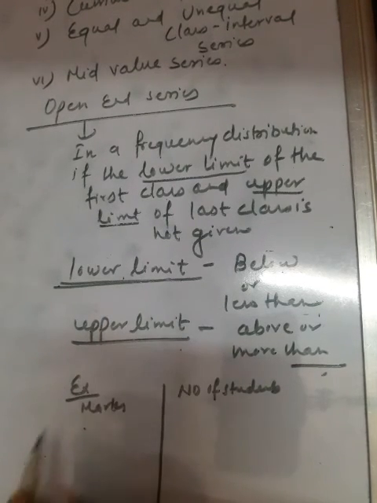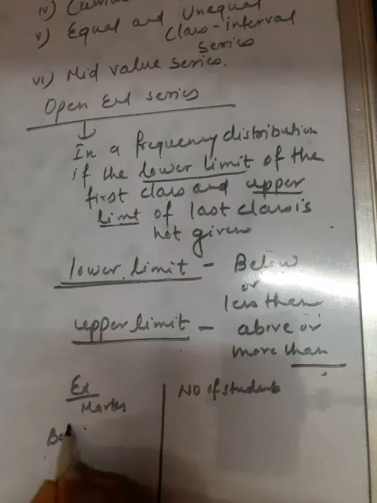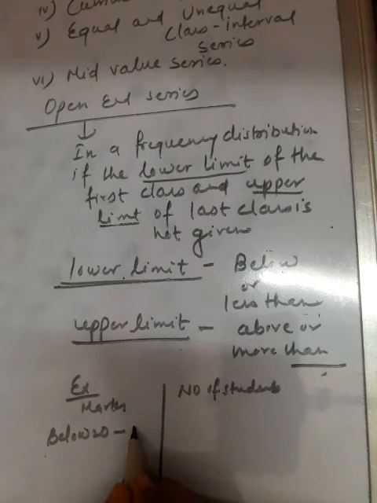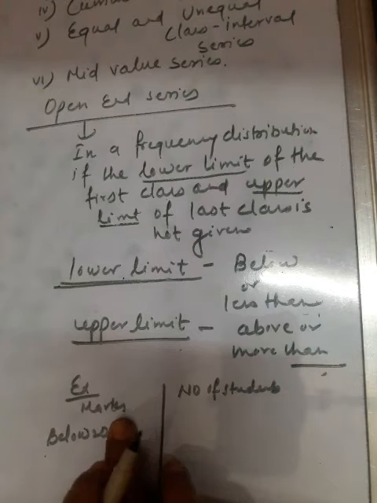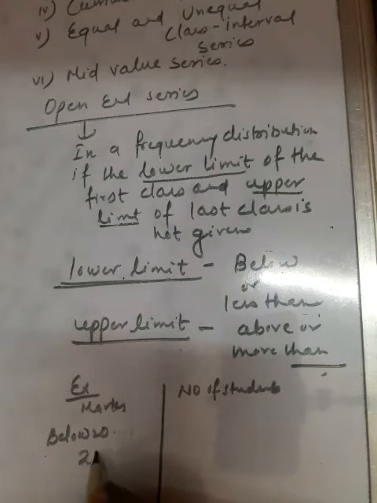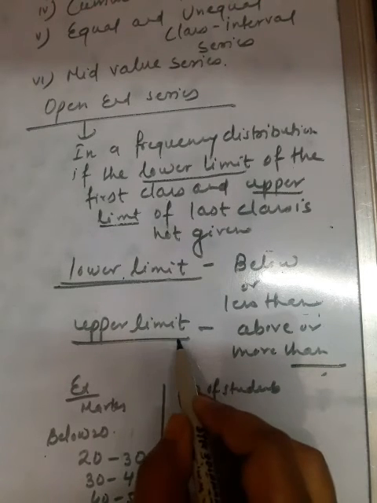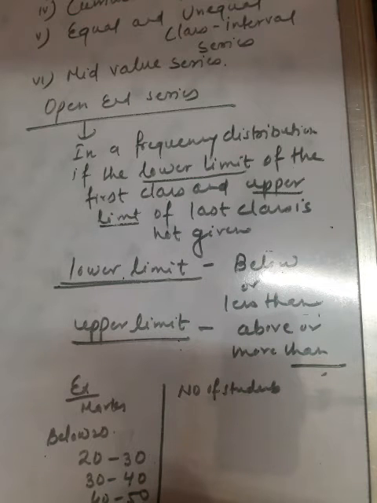In place of the lower limit it is written below 20, then 20 to 30, 30 to 40, 40 to 50, and in place of the upper limit, above 50. In frequency: below 20, 27 students; 20 to 30, 36; then 12; then 15; and above 50, 8.